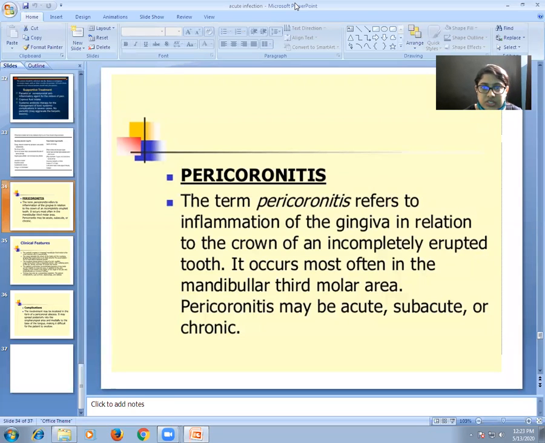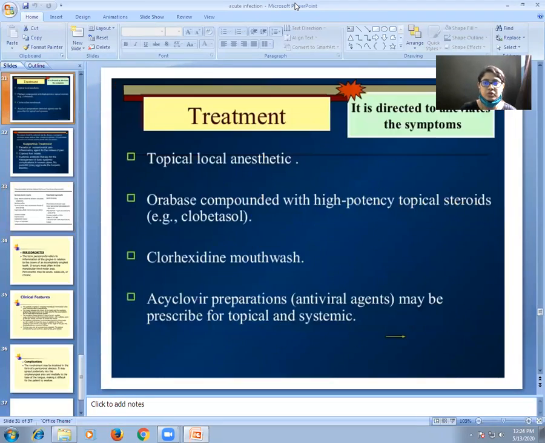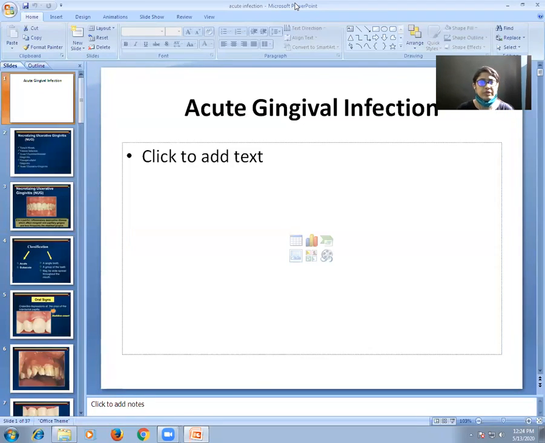The procedure itself is called operculectomy. Operculectomy is the removal of the pericoronal flap or operculum associated with the third molar. Or, the second treatment of this disease is complete removal of the third molar. So basically, today we discussed three different types of acute gingival infection.